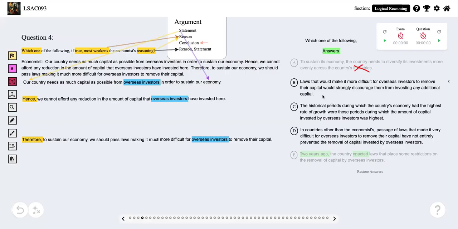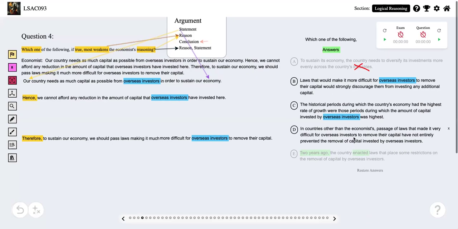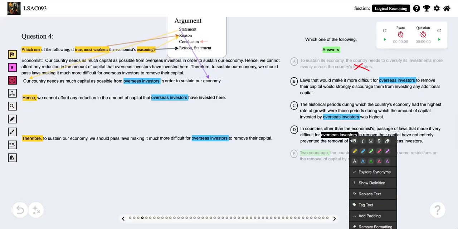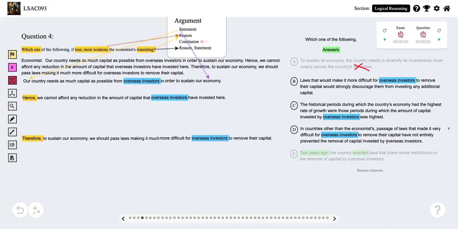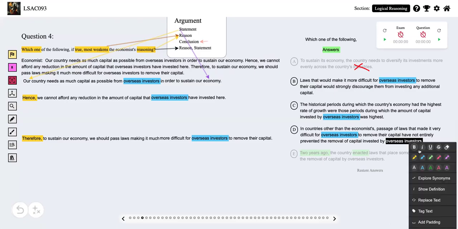As we check out answer B, we'll inspect several things here. First of all, we have to remember that we do have overseas investors. This particular one had overseas investors again, and we had this particular idea that had overseas investors built into it twice.